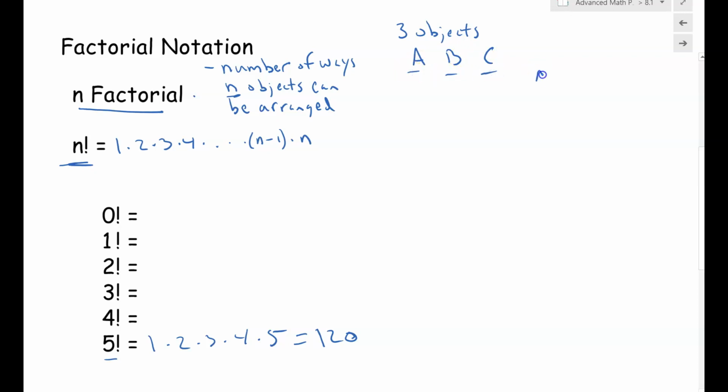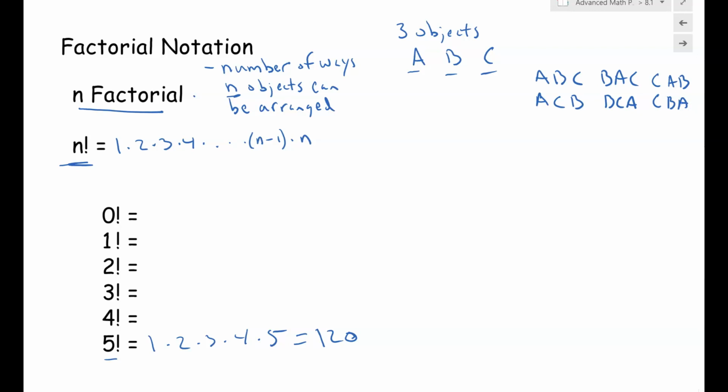How many different ways can I arrange those objects? I could say A, B, C. I could say A, C, B. Then we could put B first: B, A, C or B, C, A. I could put C first, and then we would have C, A, B, or C, B, A. You'll notice there are 6 different ways.